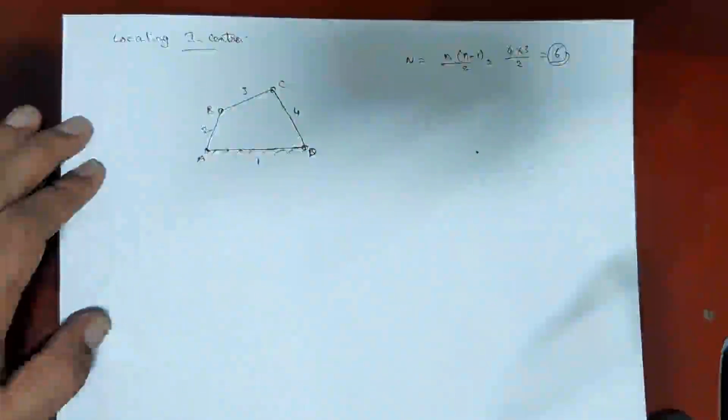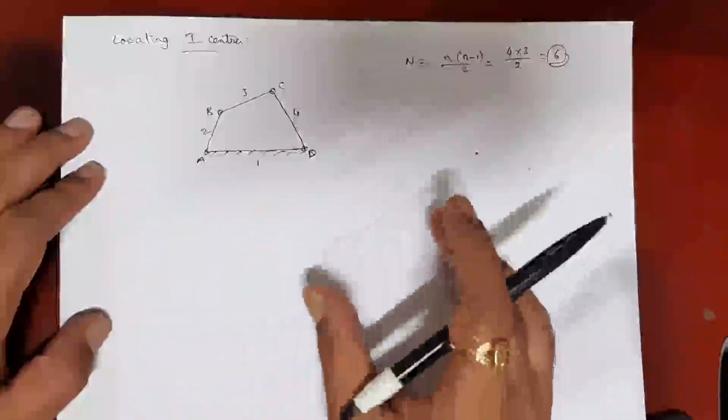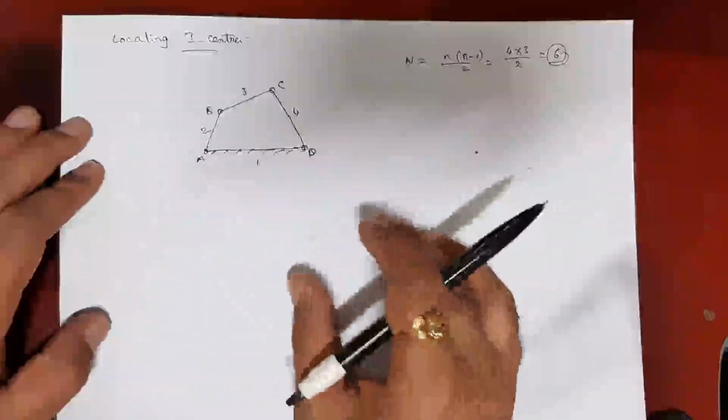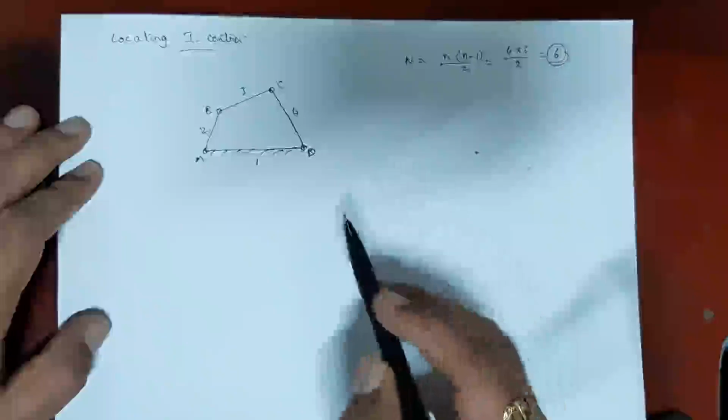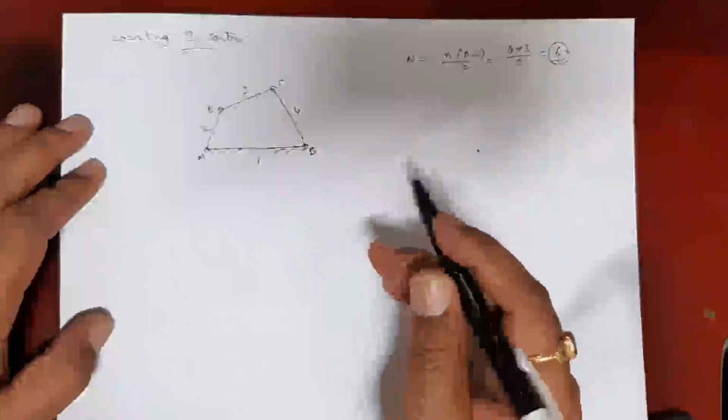So to locate all 6 instantaneous centers, by seeing the mechanism, we can locate some of them.